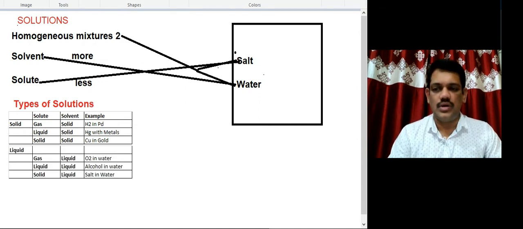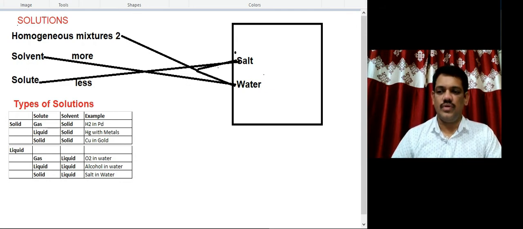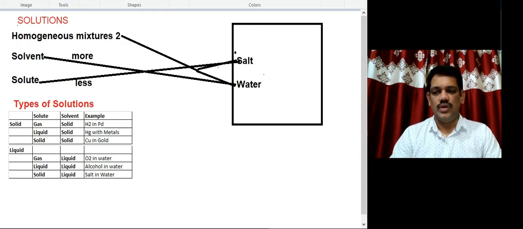Friends, my next type of solutions is liquid solutions. Here also three types are present. In liquid solutions, the liquid is the solvent and other substances act as the solute.